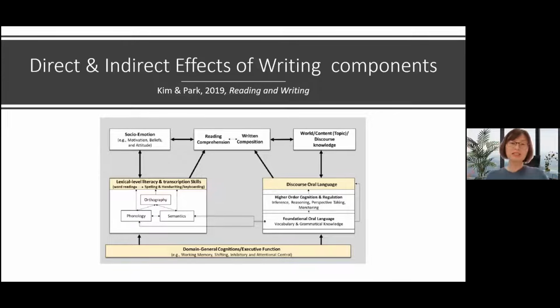So this piece, although it's in a single box, is a huge, so-called large complex piece, right? For me to produce what I'm doing right now, it involves a lot of things. So what does it involve? Underneath discourse oral language, you have higher order cognition and regulation.